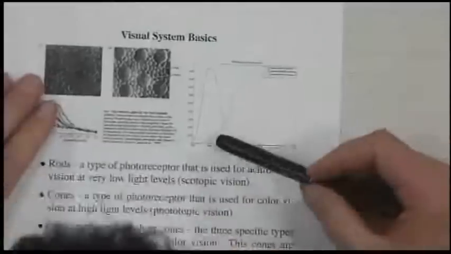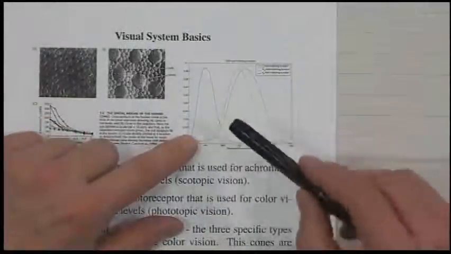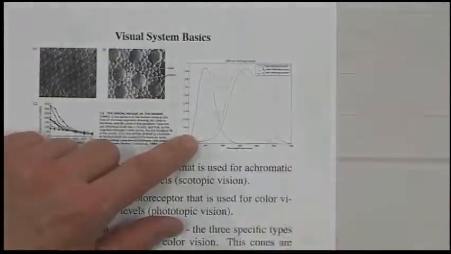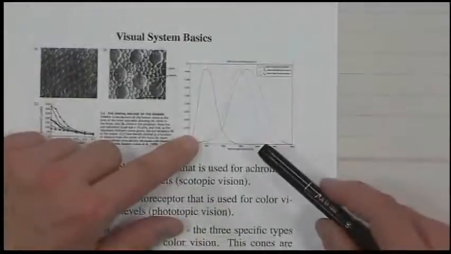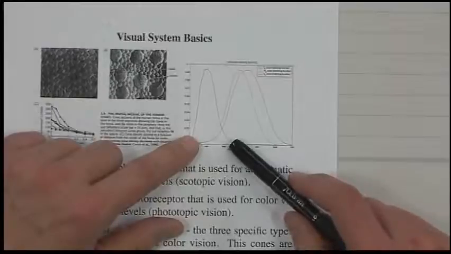But right here, this is how sensitive a particular cone is as a function of wavelength, okay? So let's pretend you're measuring the number of firings of the neuron per unit time as a function of the number of photons at that wavelength.